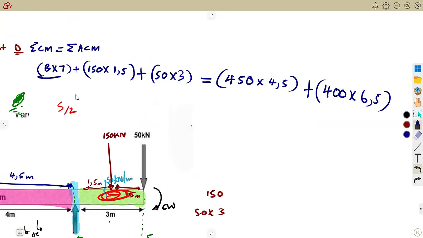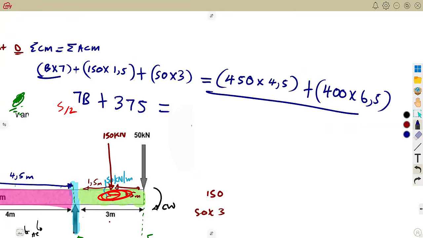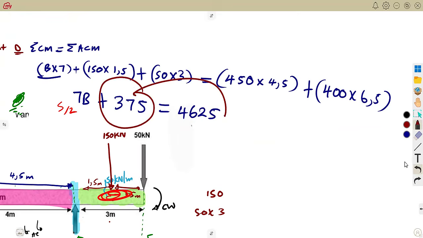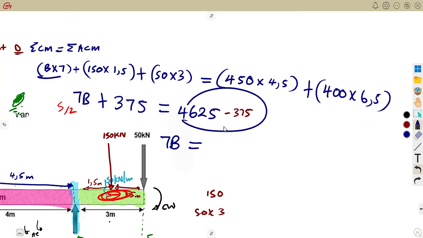So 7 times B, that's 7B. Combine these two. It was going to give us 375, which is equal to everything on the right-hand side, which was going to give us 4,625. So if we take the 375 to the other side, it is going to be negative 375, meaning to say 7B is equal to the difference of these two, 4,250.